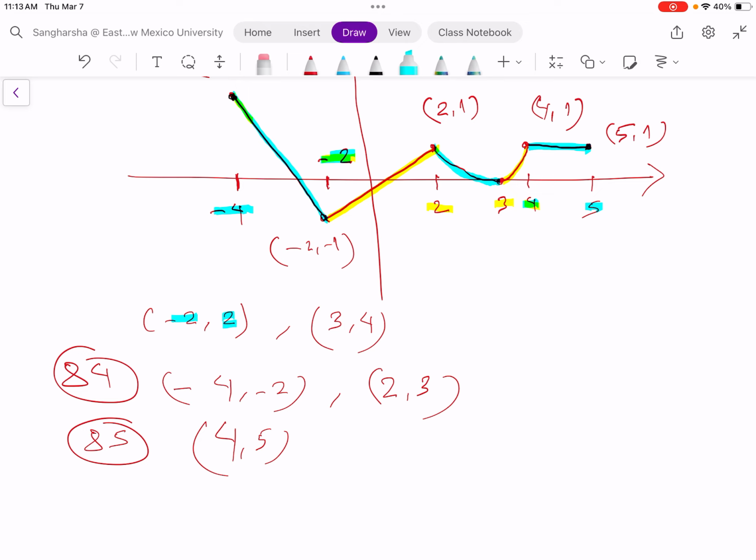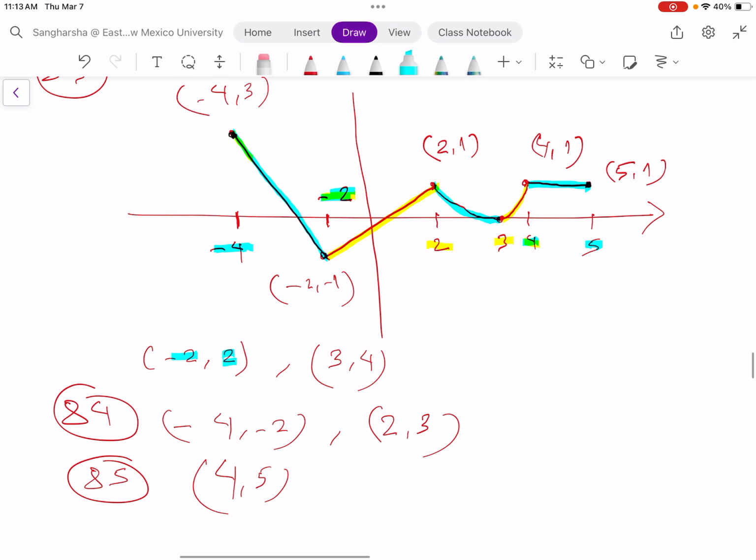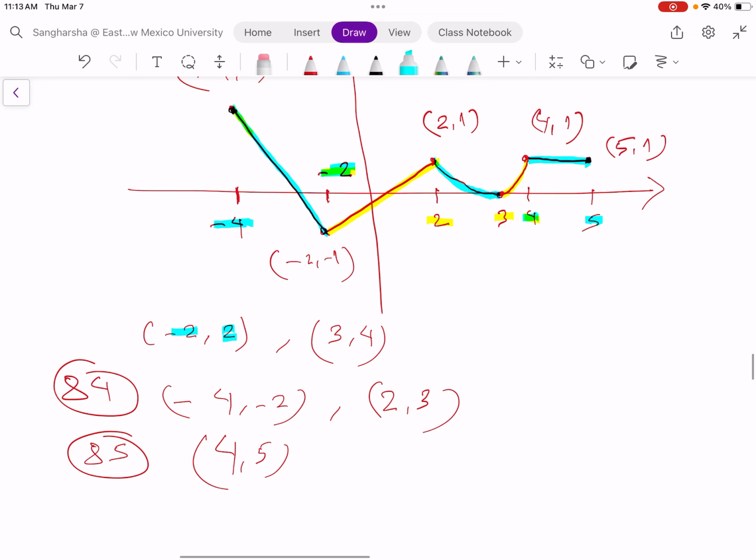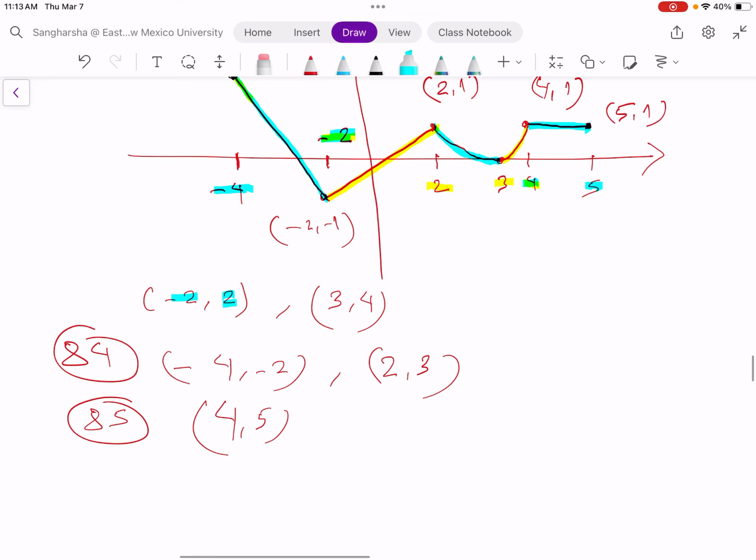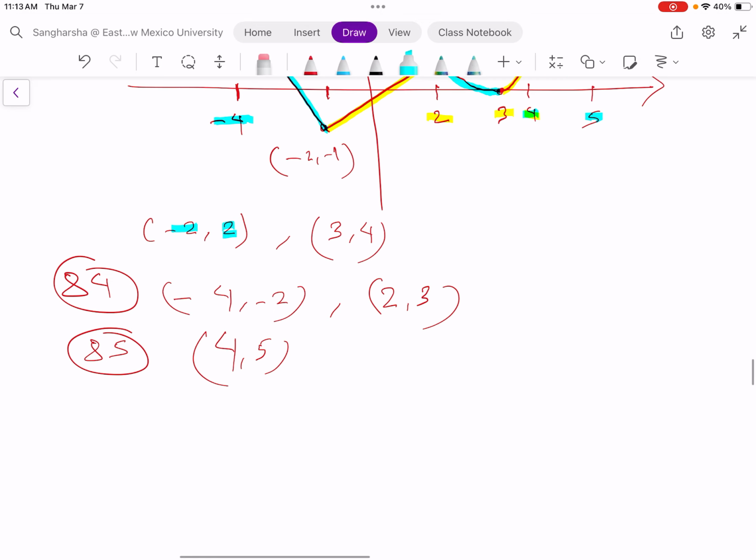Now number 87, we have to find the average rate of change of a function f in the interval 3, 4. So we have the interval 3, 4, and we need to find the average rate of change.